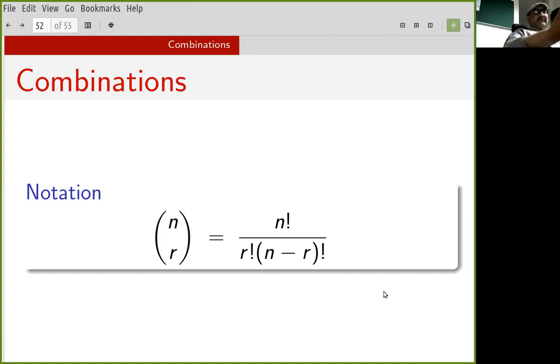So by our rule for partitions, the number of ways of choosing r distinct objects from n distinct objects is n factorial divided by r factorial times n minus r factorial.